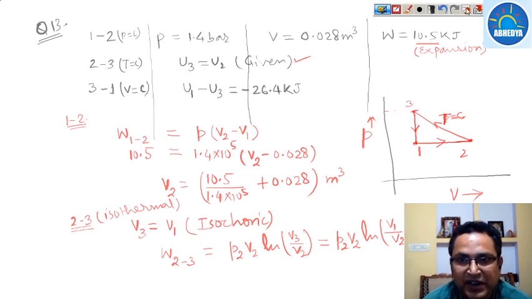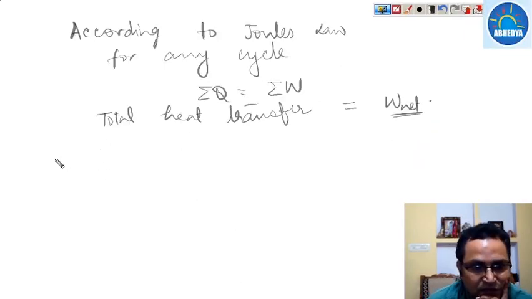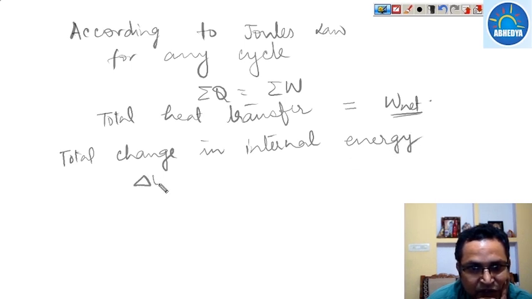So first we will calculate total delta U, the total change in internal energy. Delta U is equal to U1 to 2 plus U2 to 3 plus U3 to 1.